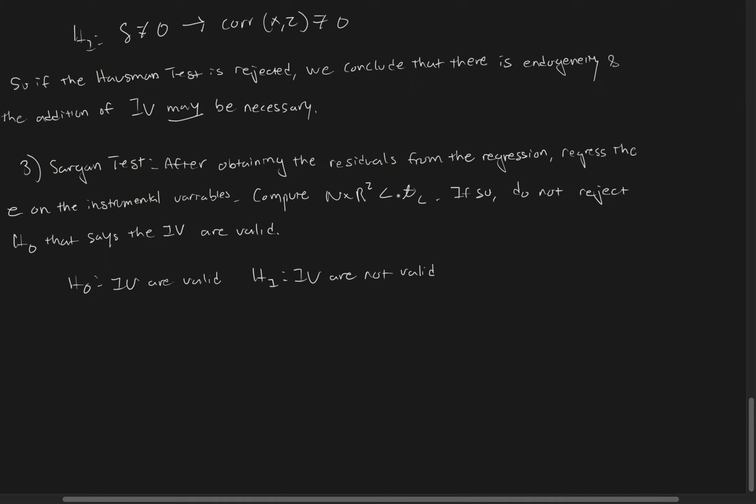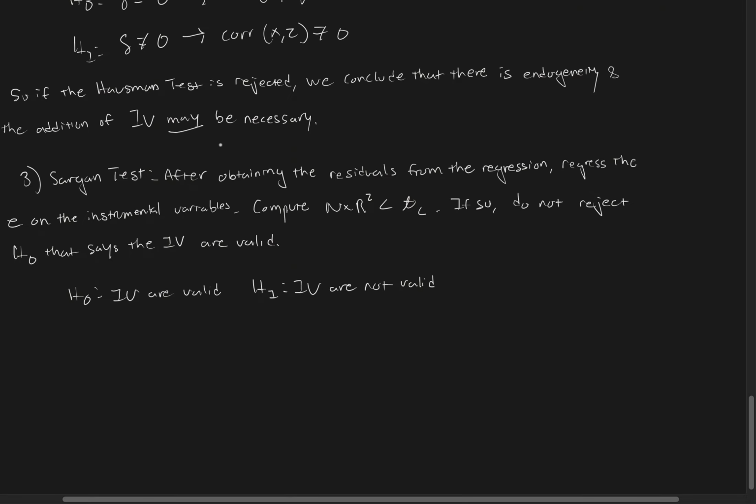So if it's less than the critical value, then we do not reject the null. The null says that the IV is valid. And so if we accept the null that the IV are valid, while the alternative says there is no endogeneity actually, and our model is fine.